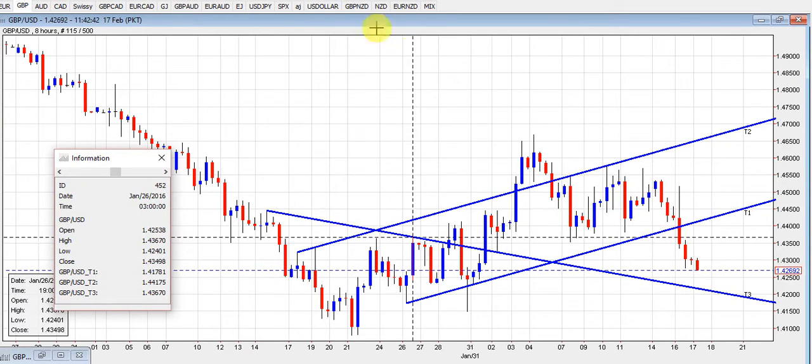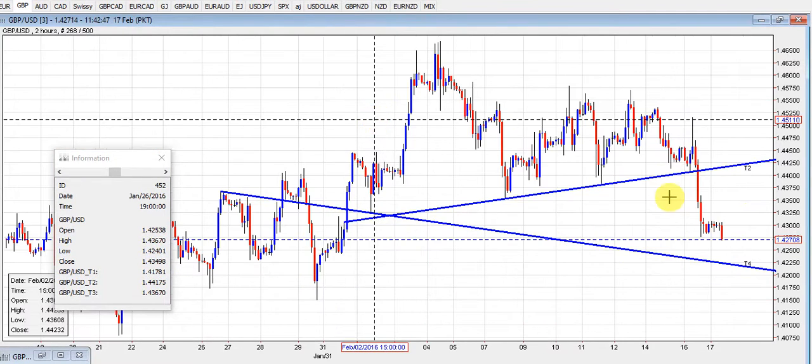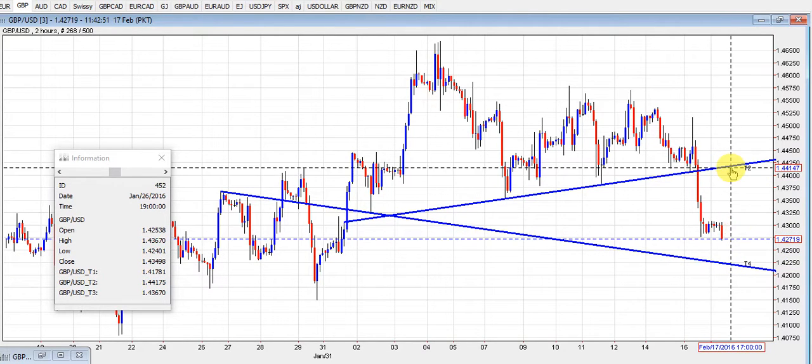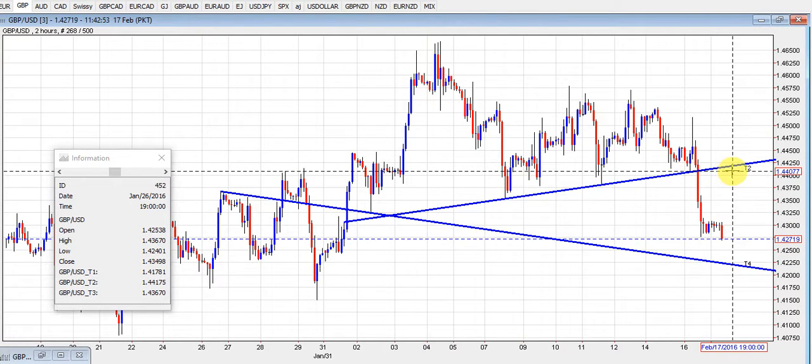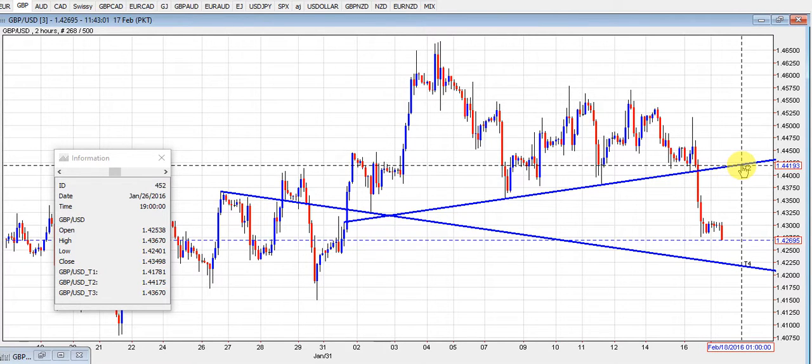Not too much interest on the pound, but again almost the same layout. But in case of a big dollar, if the dollar starts getting bashed up and we get a move higher on the pound, then my interest would be to look for 44.10, 44.20 to go in short.